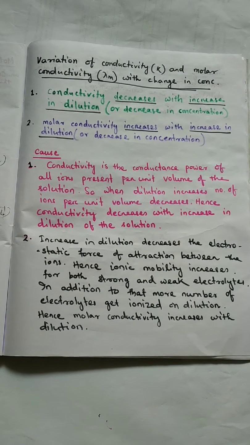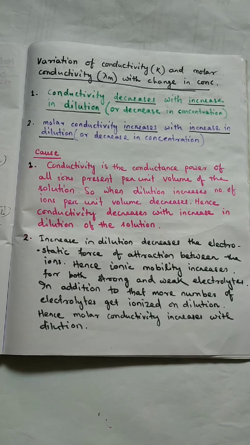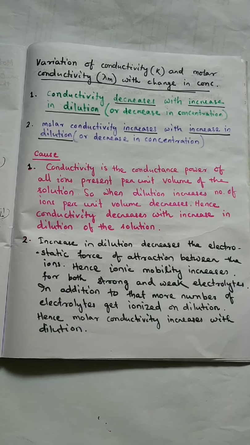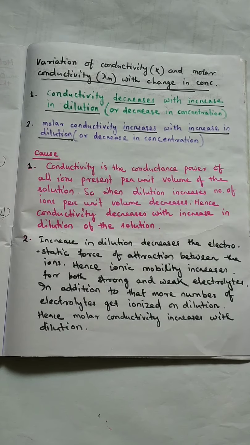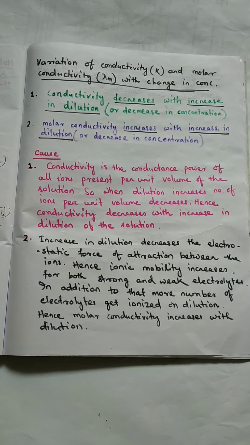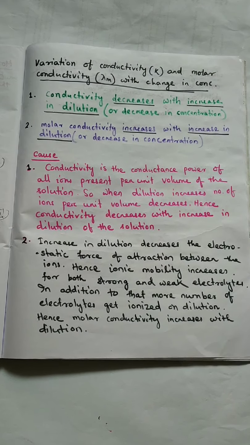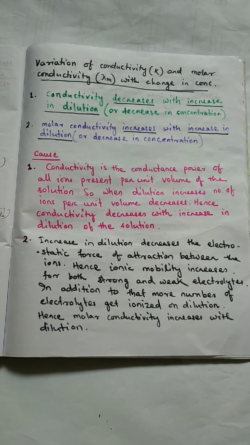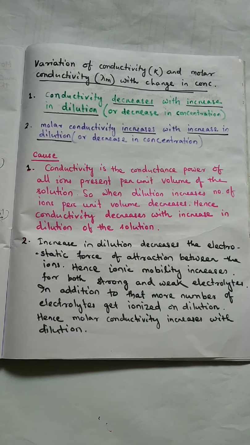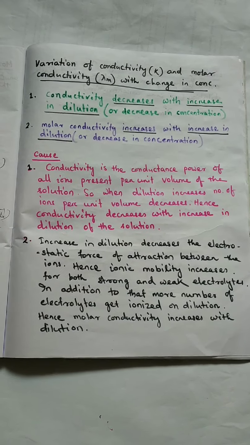So because of the decrease of electrostatic force of attraction, the ionic mobility increases. And for weak electrolytes, we know that the degree of dissociation increases with dilution, as we have studied in Ostwald's dilution law. Therefore molar conductivity always increases with increase in dilution, but conductivity decreases with increase in dilution.